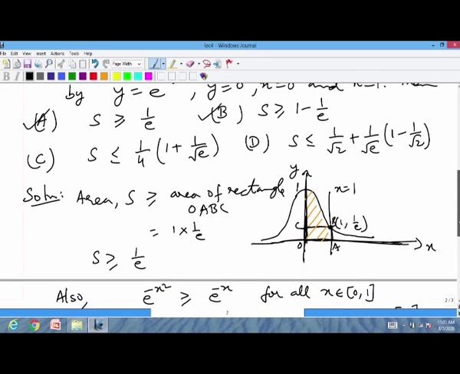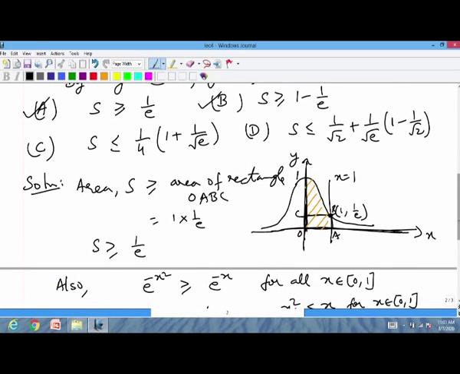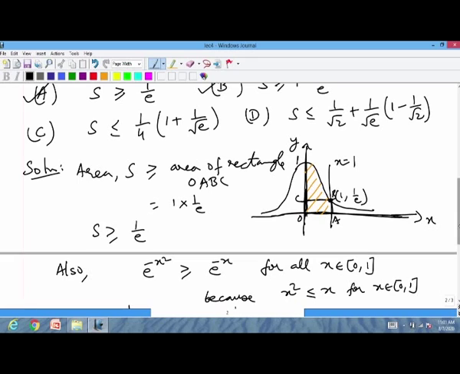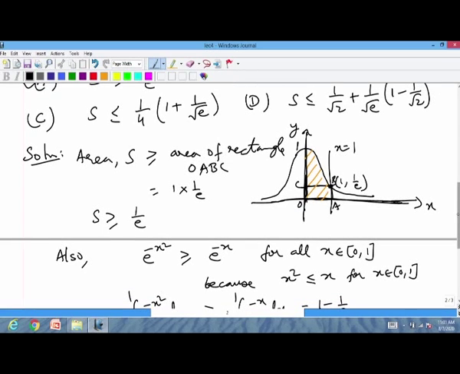Now, we have to see option C and option D. Here we have to find whether S is less than or equal to something. So, again we should try to see if this is less than or equal to some area. If we see option D, we have S is less than or equal to 1 by root 2 plus 1 by square root of e times 1 minus 1 by root 2.